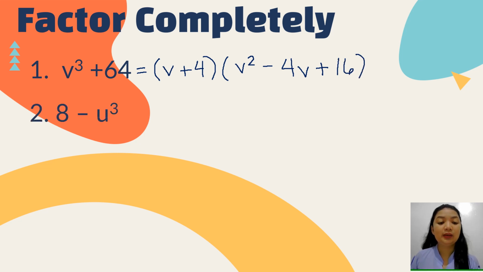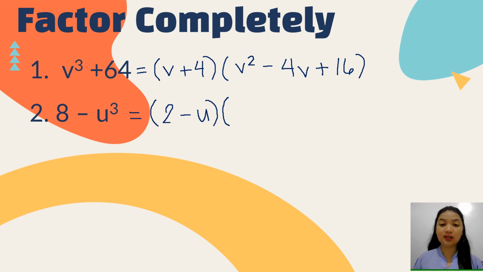Next one, we have 8 minus u cubed. So what is the cube root of 8? Correct, that is 2. So we have 2 minus the cube root of u cubed. Yes, that is u. So we already have the first and the last, and it will be easier for us to get the trinomial term.